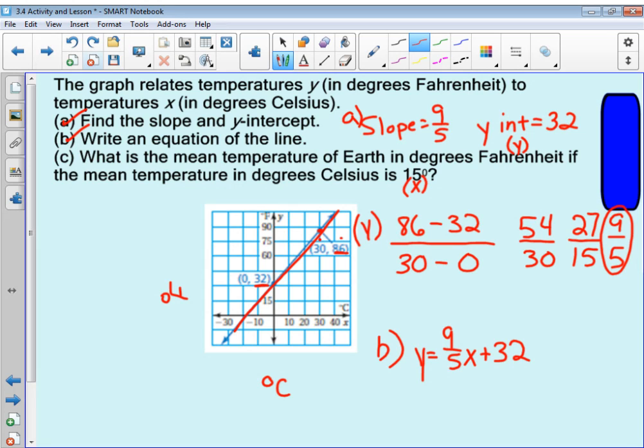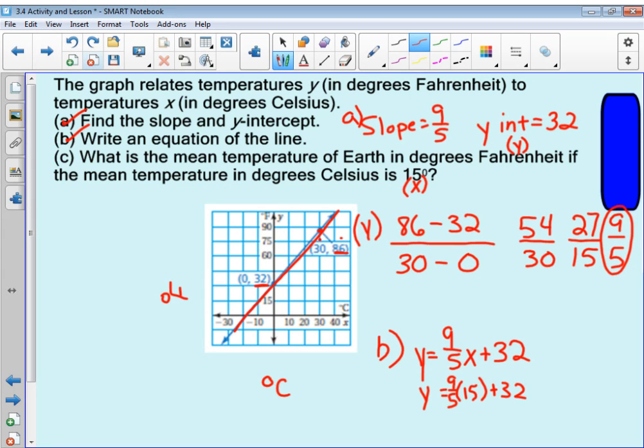So if we go through and we substitute in, so they're asking what the average temperature in Fahrenheit would be if the mean temperature in degrees Celsius is 15. So if I put a 15 where X is, so 15 here, and we solve for our degrees Fahrenheit, which is Y.